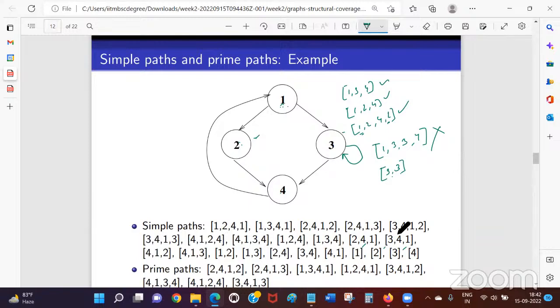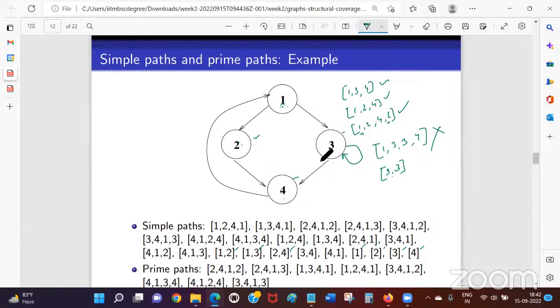So 3 and 4. This is with length 0, right? Then length 1. Starting with 1, what can I have? 1, 2 and 1, 3. With 2, I can have 2, 4, right?